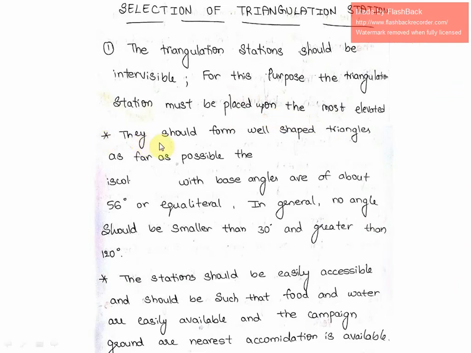Next, they should form well-shaped triangles as far as possible, so that the work goes easily and there is not more difficulty. The base angles which are going to be used for reference should be about 56 degrees, or the triangle equilateral.